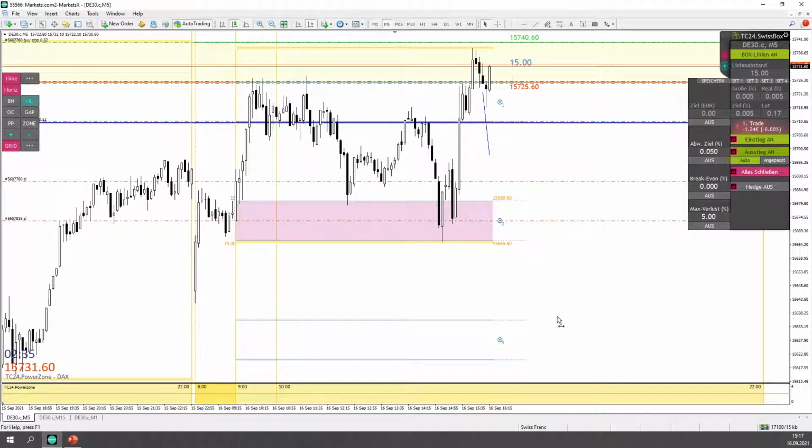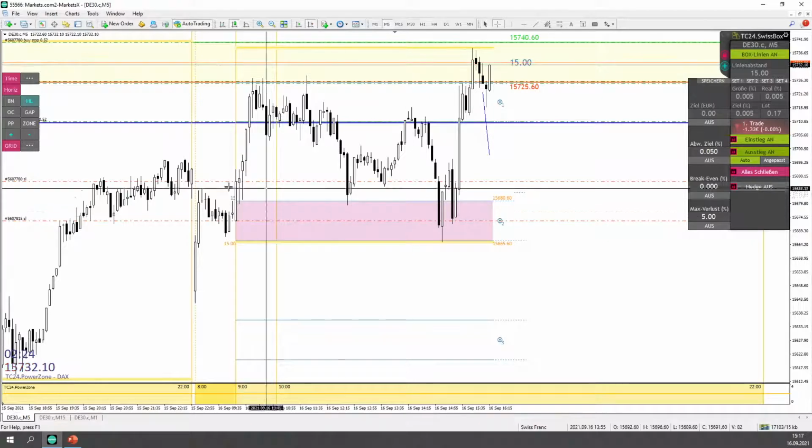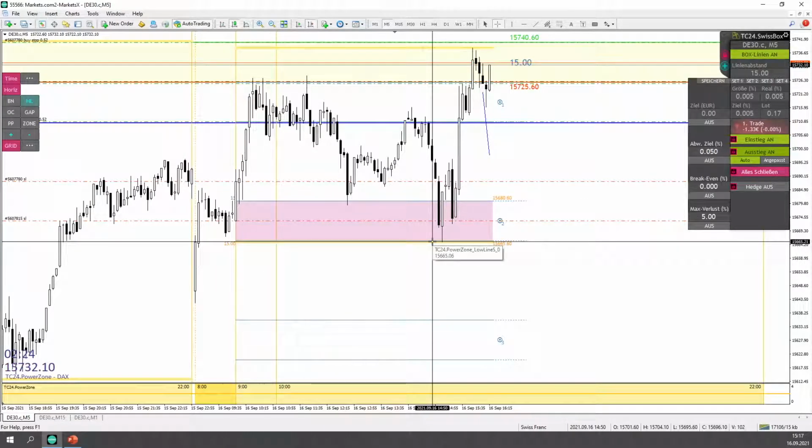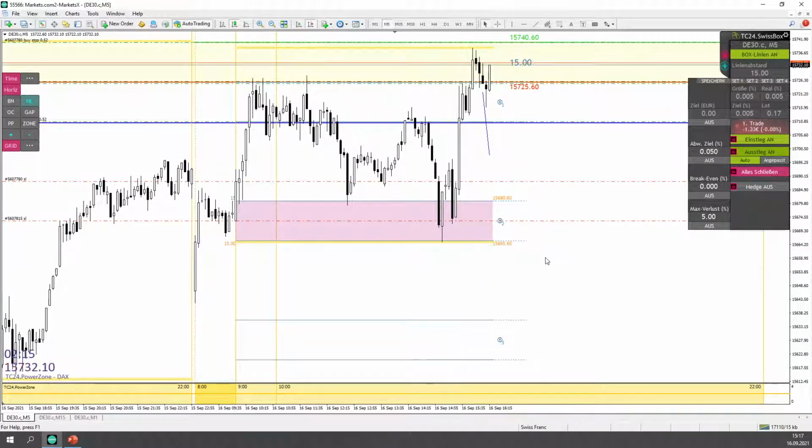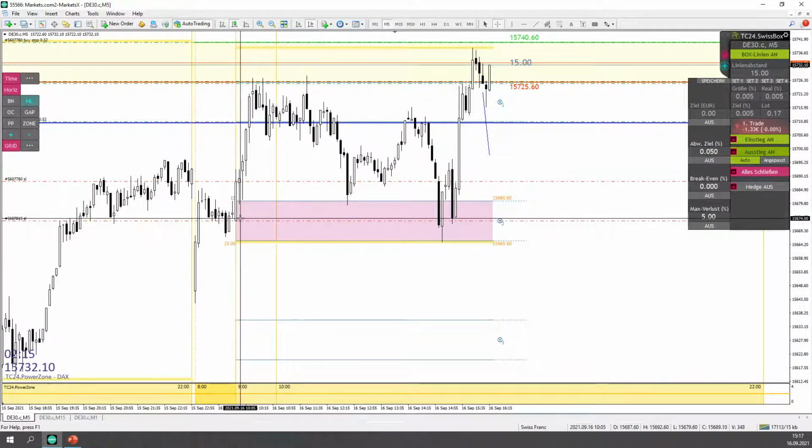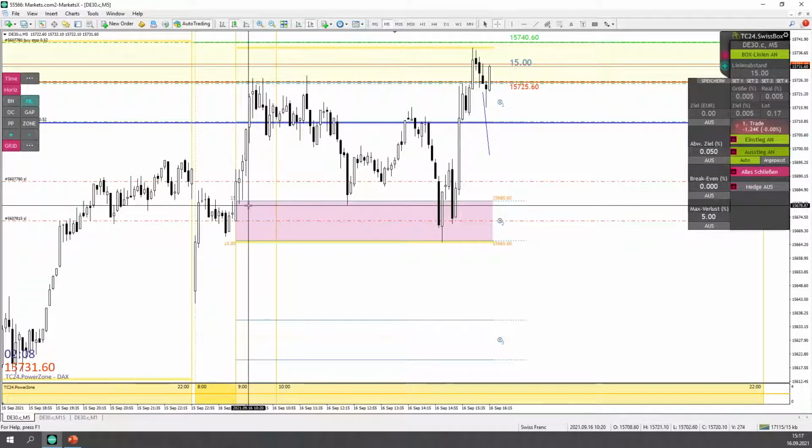One rule for me is that I leave out the opening box, because sometimes strange things happen around the opening price. So why should I trade there? Maybe it's more a feeling, but often it's also the case that from the market start, it's a little bit too hectic around here.